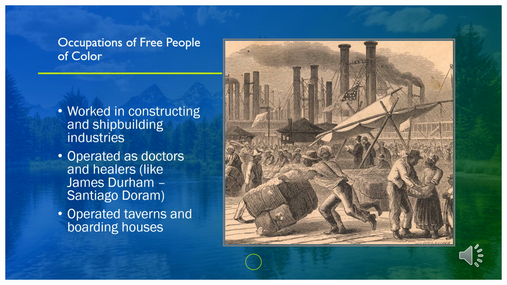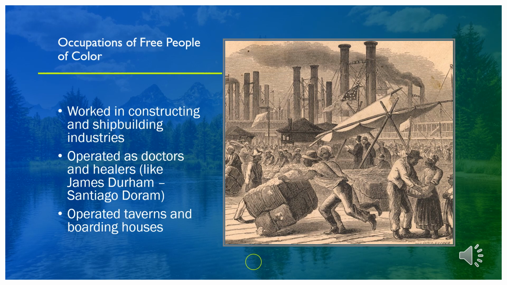There are also many people who operated as laborers, as skilled carpenters, masons, and caulkers. And, for example, after the Great Fire of 1788 in New Orleans, many people needed homes and other establishments rebuilt. This increased the finances of many free black masons and carpenters who used their skills in order to help rebuild the city. But African descendants also operated as doctors and healers.